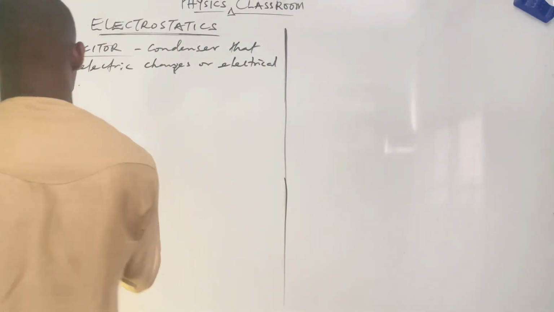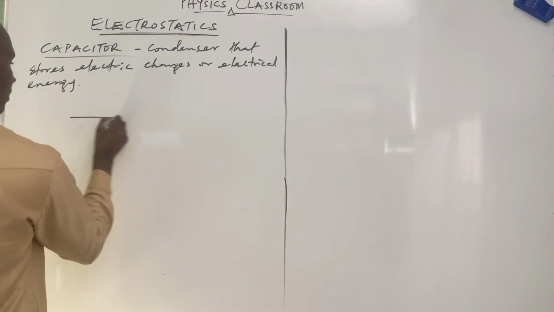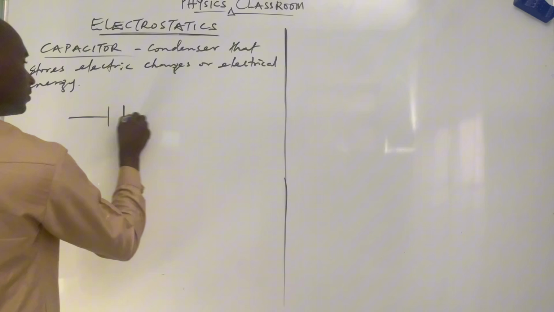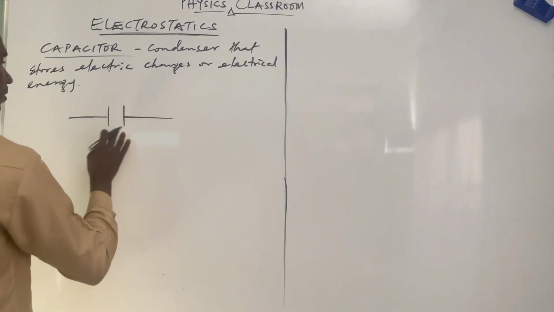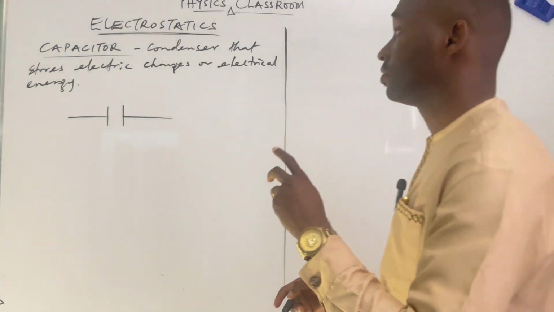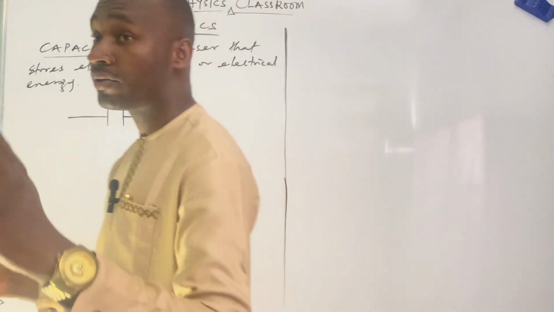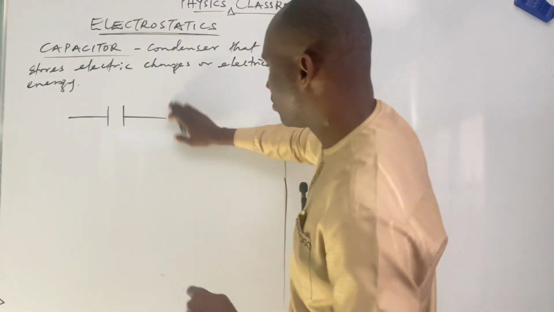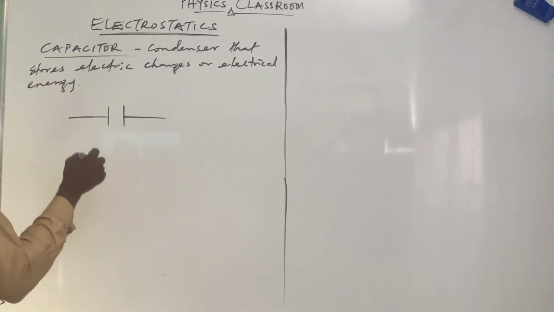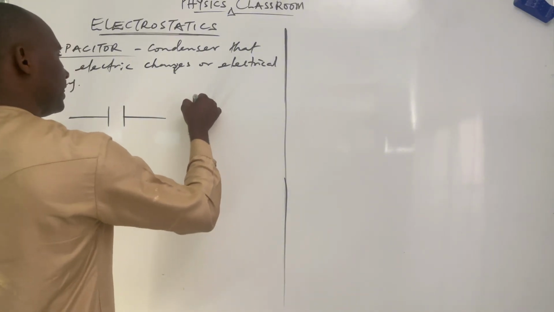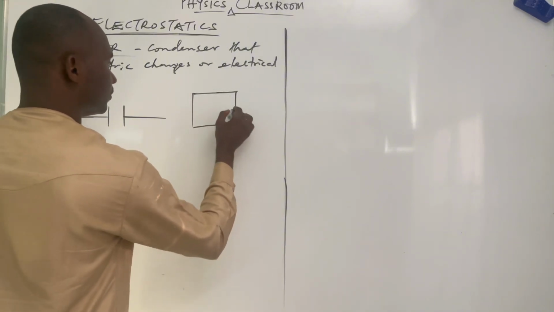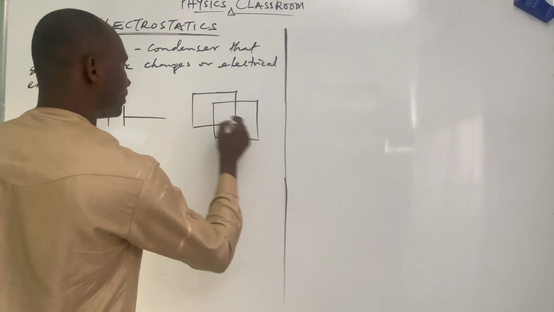Symbolically, it is represented as this. I told you this in our previous video on the simple AC circuit, when we were dealing with RLC. This is the symbol of a capacitor. Why is it like this? A capacitor consists of two plates, like this.